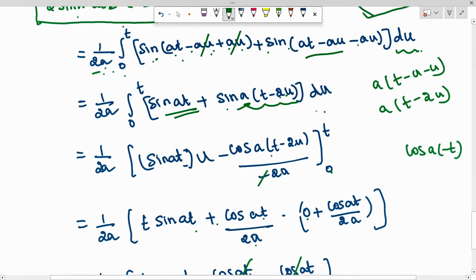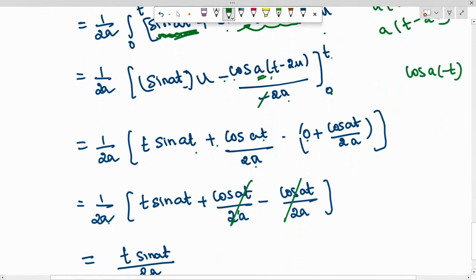Now we can integrate easily with respect to u. 1 by 2a, integral of sin is minus cos, but in the first term sin at is constant only. Sin at into u will come, minus integral of sin is minus cos of a into t minus 2u divided by minus 2a, because the coefficient of u is minus 2 and also here one a is there, which is minus 2a, with the limit 0 to t.